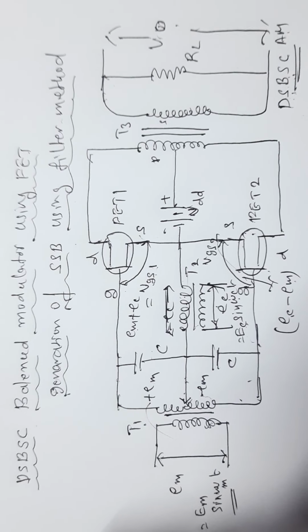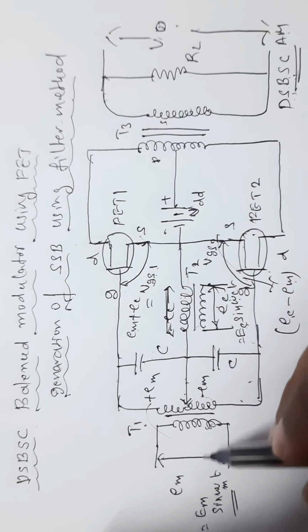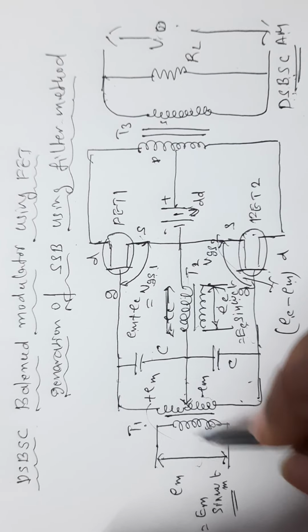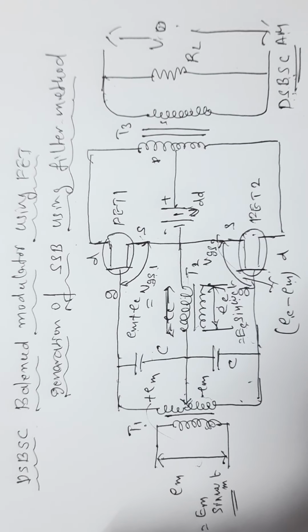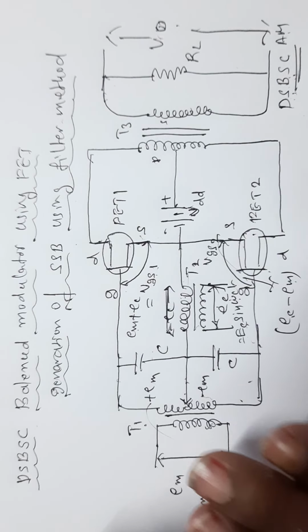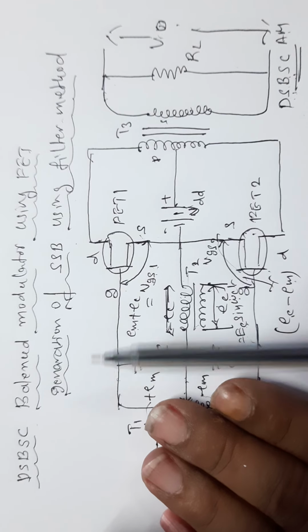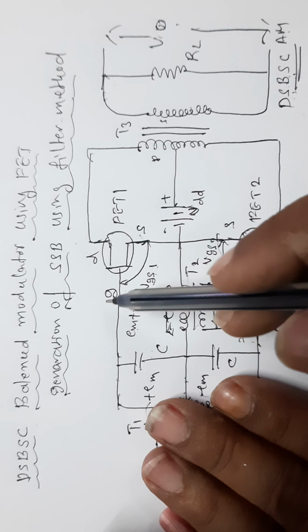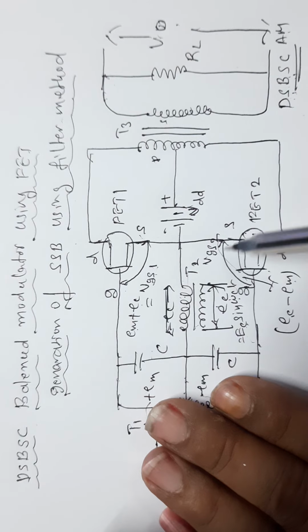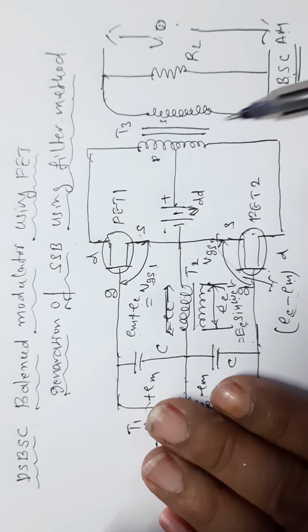Now first, consider when no modulating signal is present, that is when EM is 0. Therefore, VGS1 is EC, and VGS2 is also EC because EM equals 0.